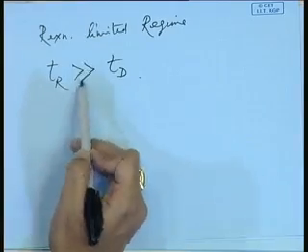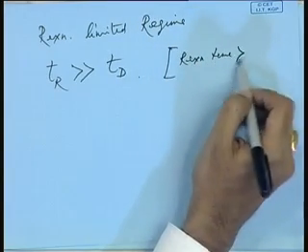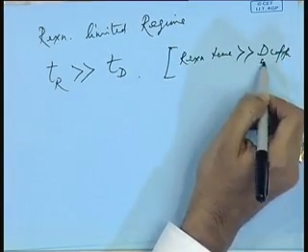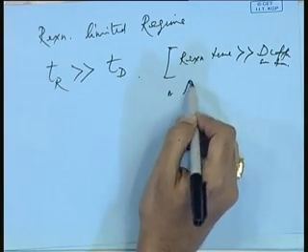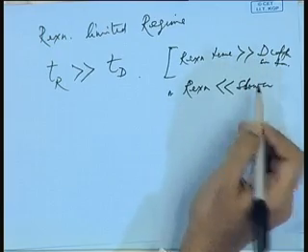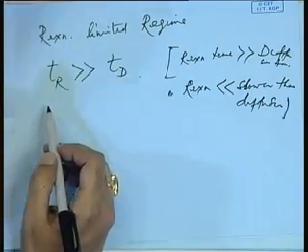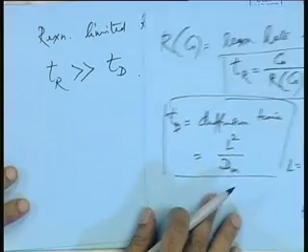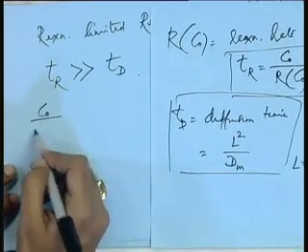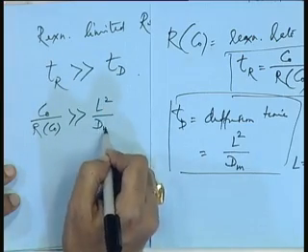So, the reaction time is much greater than diffusion time, or reaction is much slower than diffusion. So, if I put it over here, what I got: C naught over R of C naught is much greater than L square over D_m.